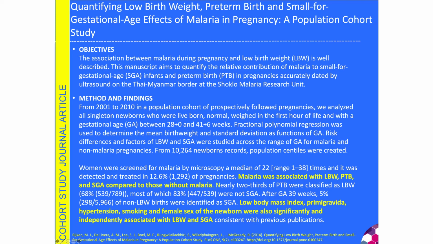In those babies, we then looked at their birth weight and whether that was connected to the mothers having malaria. So women were screened for malaria by microscopy, and that result was then associated with the weight of the newborn babies.